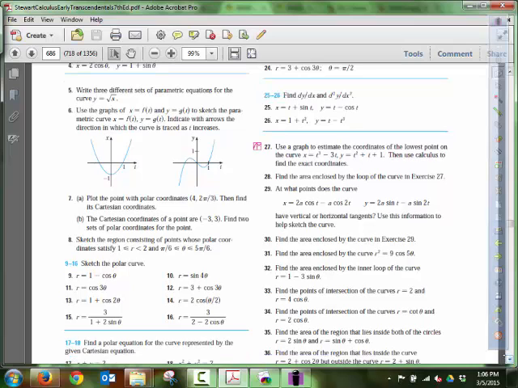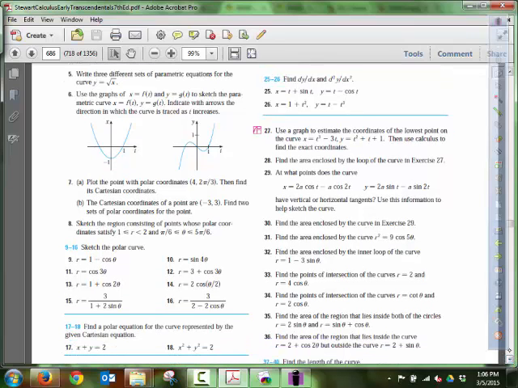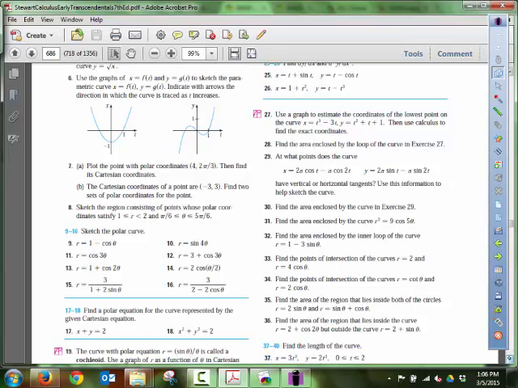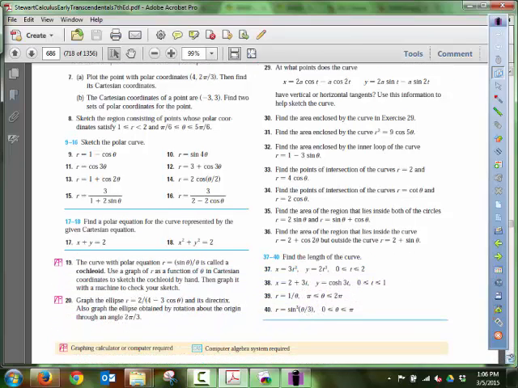Are the answers to the true-false in the back? I don't know. Well, you're looking through the back. Yes, they are.